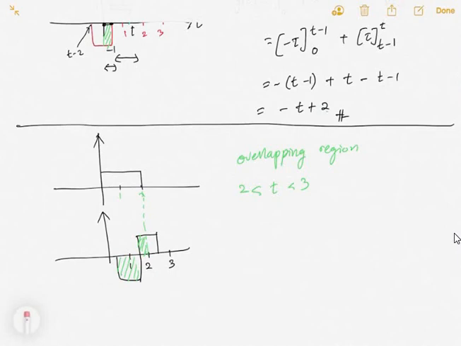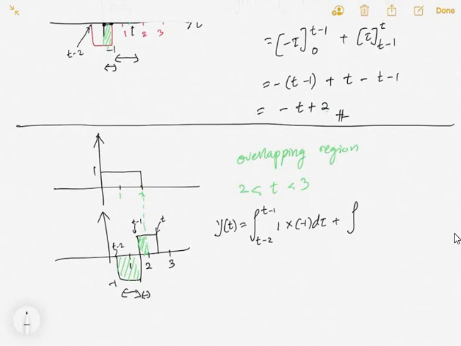From here this is t minus 2, this is t minus 1, and this is t. So from t minus 2 to t minus 1, you have the value of 1 and negative 1, so 1 multiplied with negative 1 d tau, plus this part.